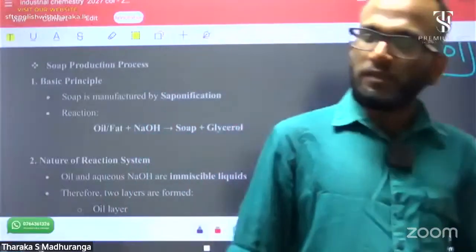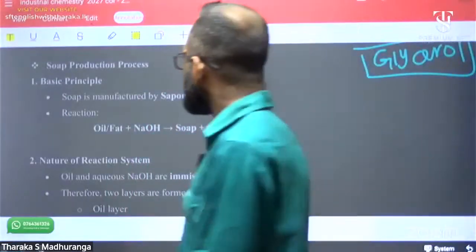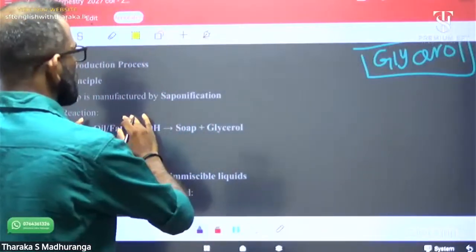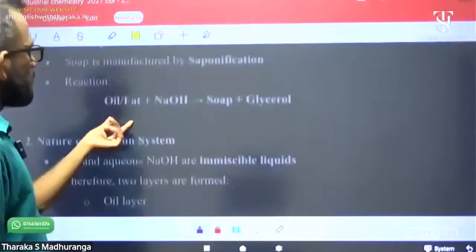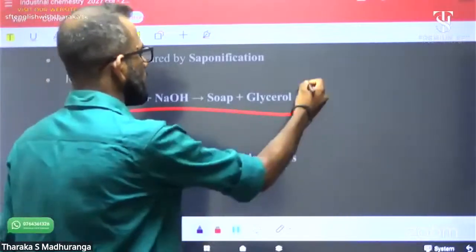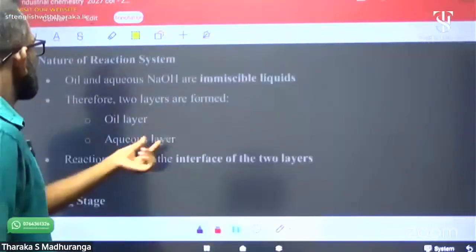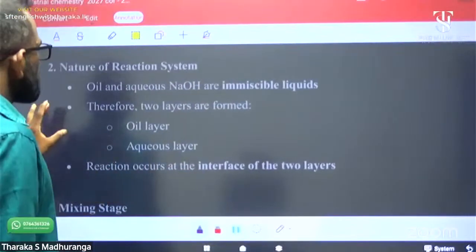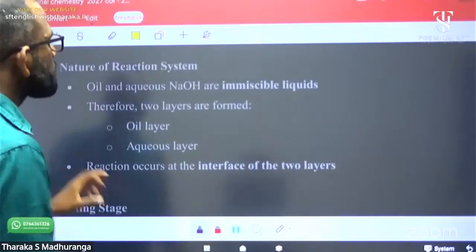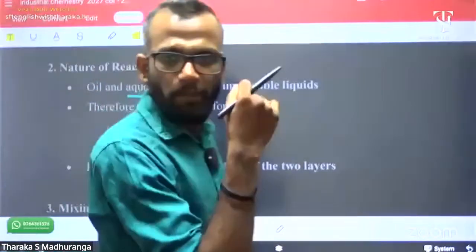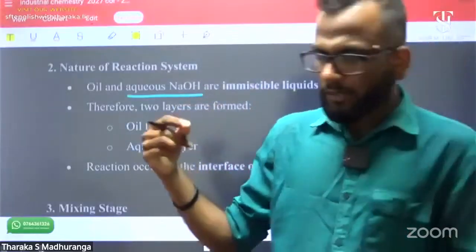Production process, the basic principle. Soap is manufactured by saponification, that you already know. That's the basic saponification reaction, again given. The nature of the reaction system: oil and aqueous sodium hydroxide. Aqueous sodium hydroxide means dissolved in water.